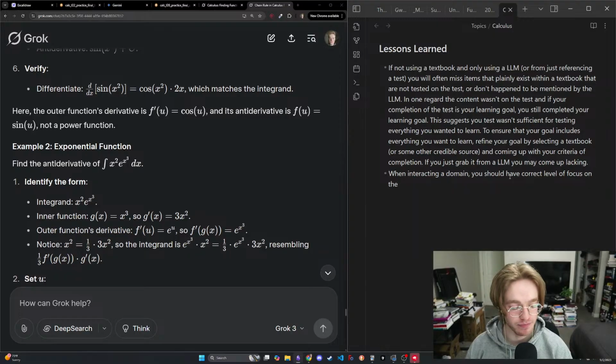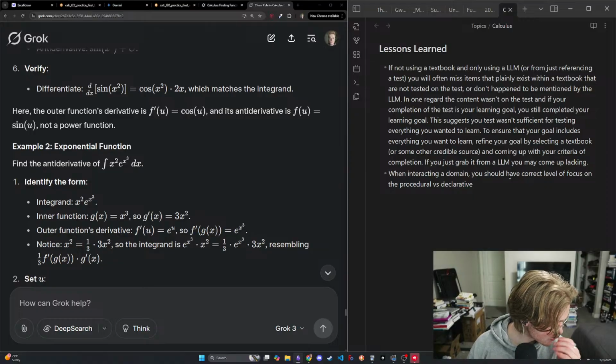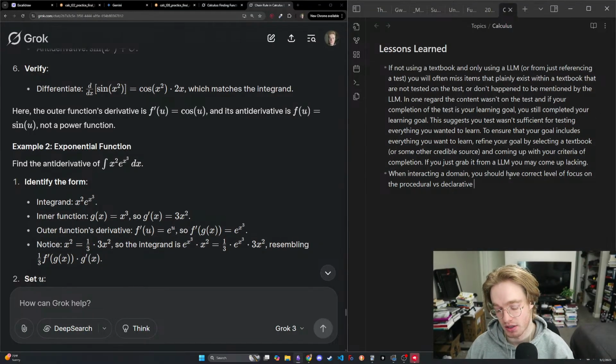On the procedural versus declarative knowledge. Correct level of focus.